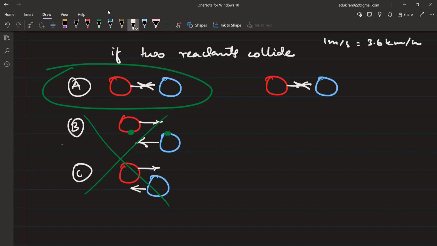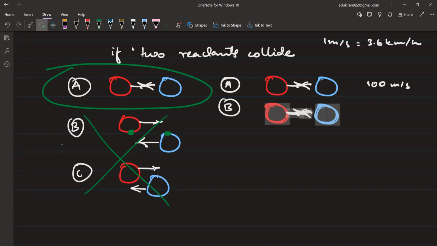That is quite fast. So for example, in A case, the molecules are having 100 meter per second. In the B case, let us suppose, these are 10 meter per second.